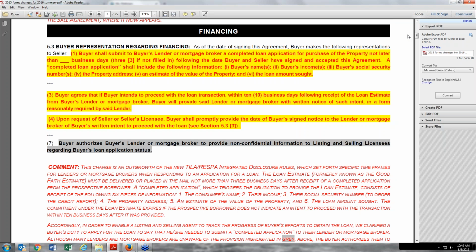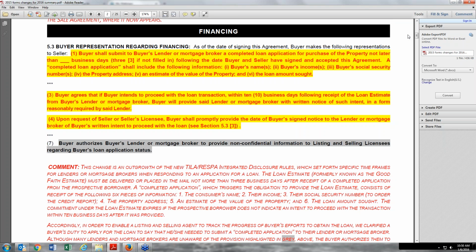So Section 3 assumes that it's a completed loan application, and then the mortgage broker will submit the loan estimate, and then if the buyer is going to proceed, they've got to give that 10 business day response. And then you'll see in number 4, upon request of seller or seller's licensee, buyer shall promptly provide the date of buyer's signed notice to the lender or mortgage broker of buyer's written intent to proceed with the loan. Okay? So what it does is it allows the listing agent to track the status of the loan process much better.